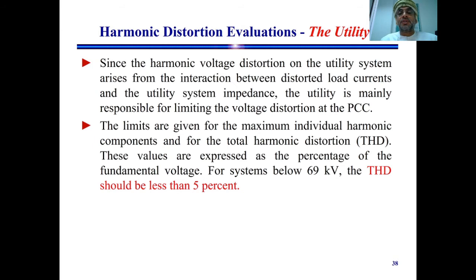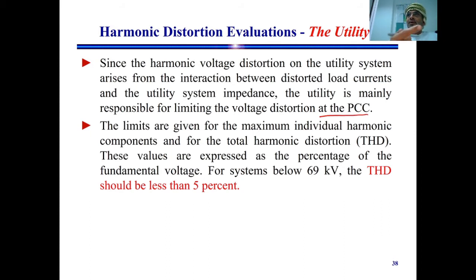Harmonic distortion evaluation, the utility. Since harmonic voltage distortion on the utility system arises from the interaction between the distorted load current that comes from the load and the utility system impedance, the utility is mainly responsible for limiting the voltage distortion at the point of common coupling. Why?